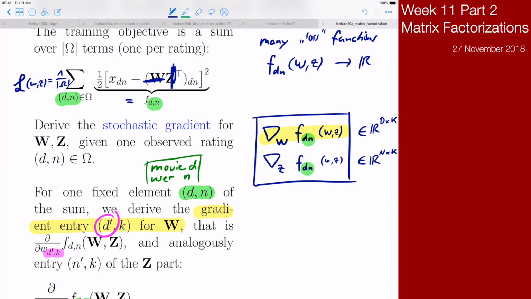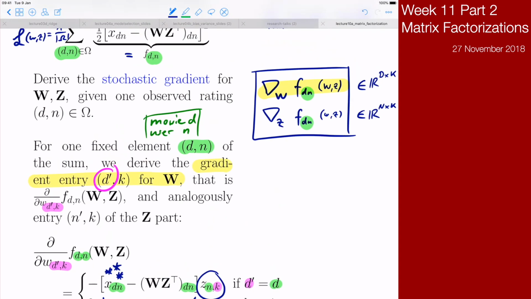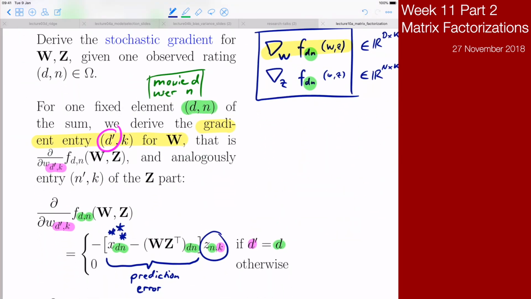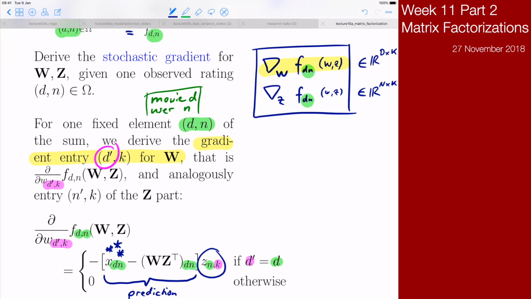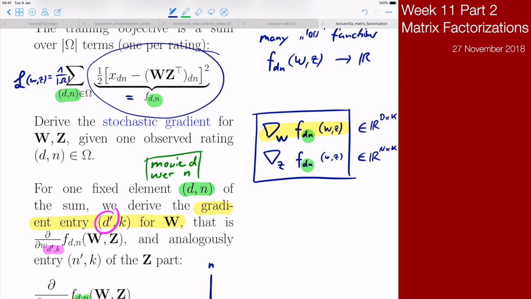So because it depends on them, the gradient is actually the prediction error times this Z here, and that's exactly this Z nk. That's exactly the column of my movie. So that column is the inner derivative of my loss function, which is written here.